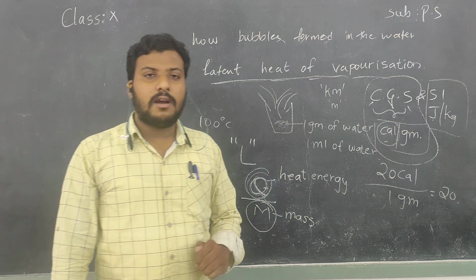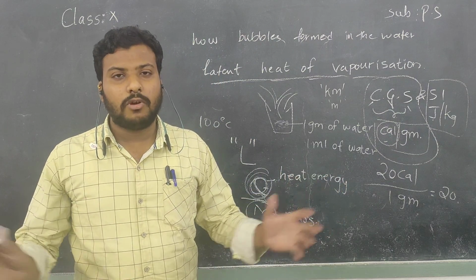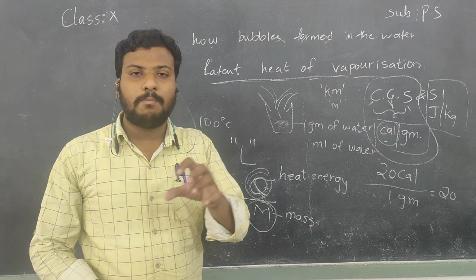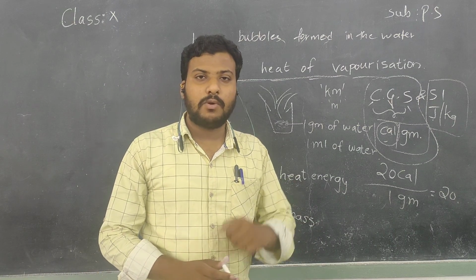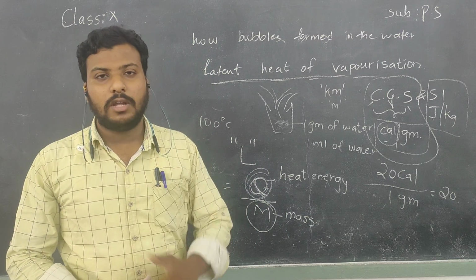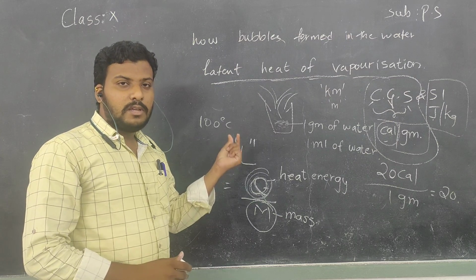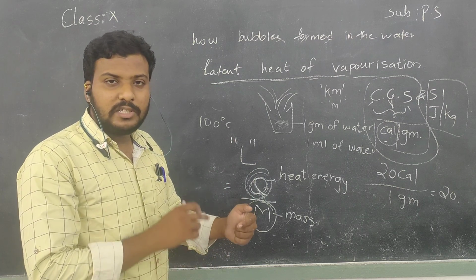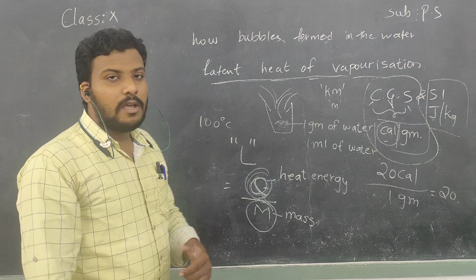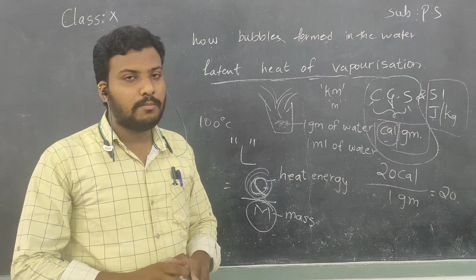After attaining 100 degrees Celsius, even though you supply a large amount of heat, the temperature does not rise, children, because that is the final point of the water. At 100 degrees Celsius only, the water converts from liquid phase to gaseous phase, and all the bubbles arise at a constant temperature.